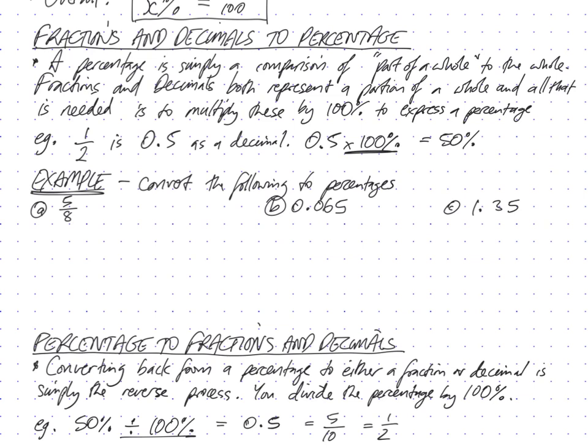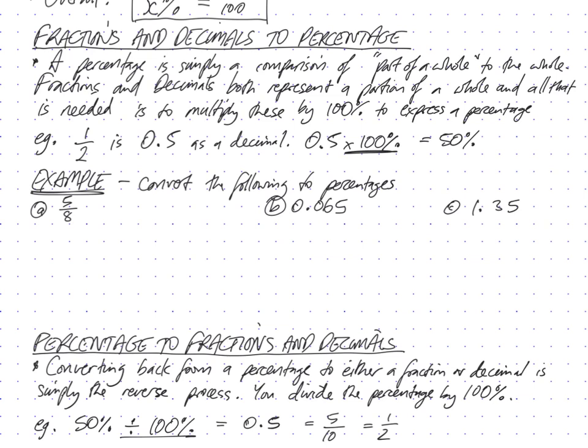The way that I like to remember it and get students to remember it is to remember a very easy example. I know in my head that 1 over 2, 1/2, as a decimal is 0.5.